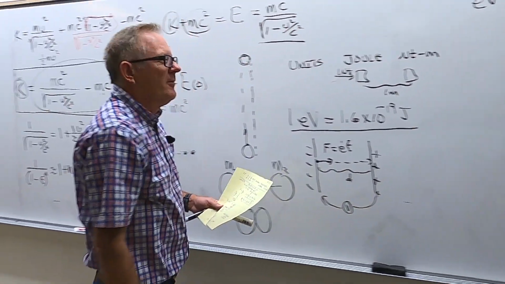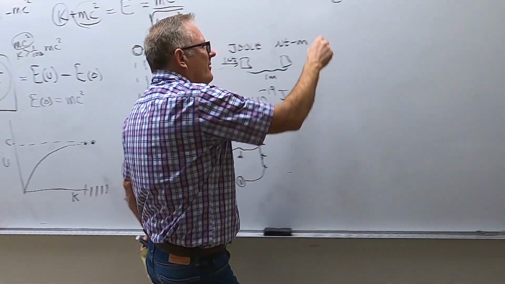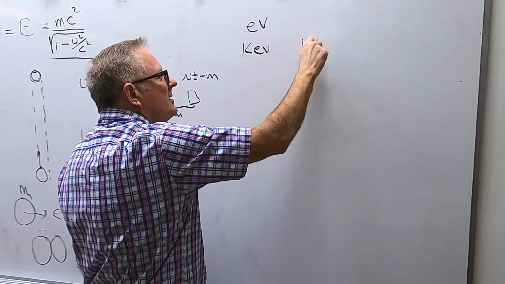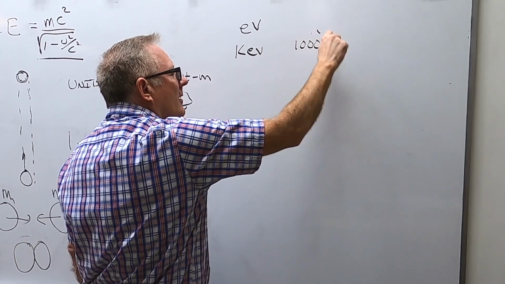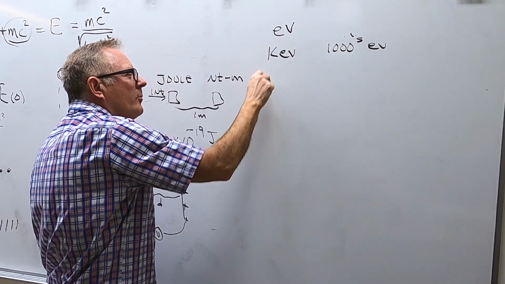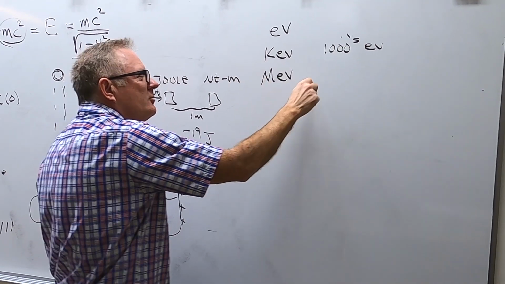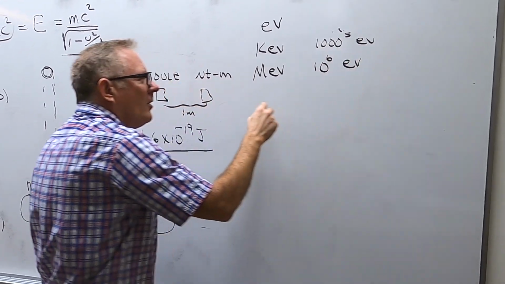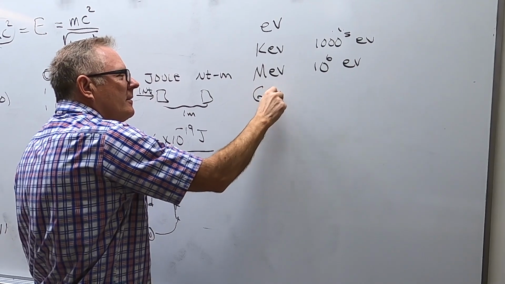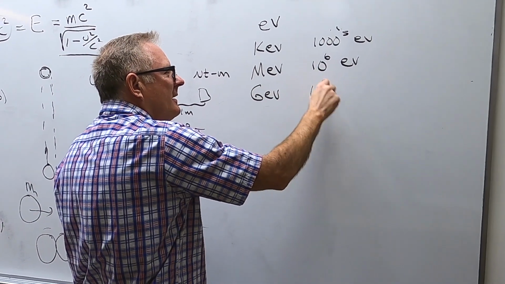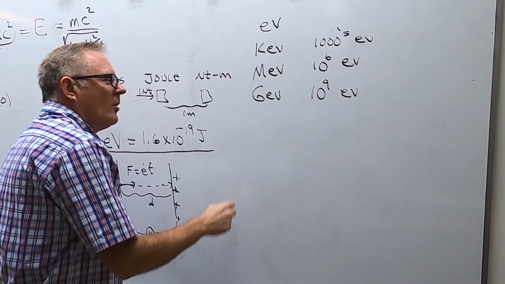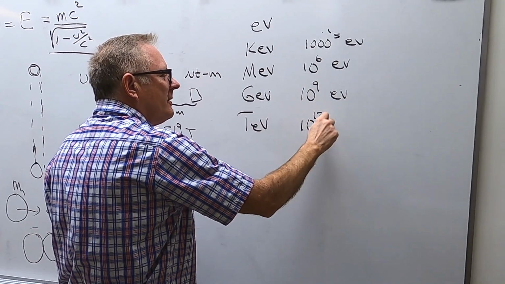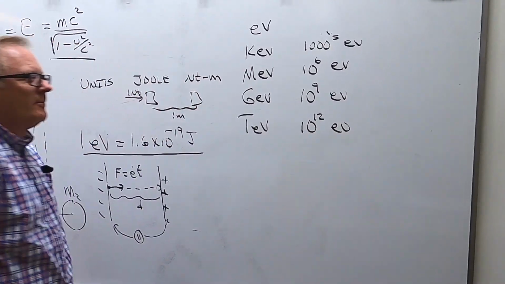We can put a prefix in front, meaning keV, thousands of eV, or MeV, 10 to the 6, millions of eV, or GeV, which is billions, 10 to the 9th eV, or TeV, which is trillions of eV, and then they keep going on.